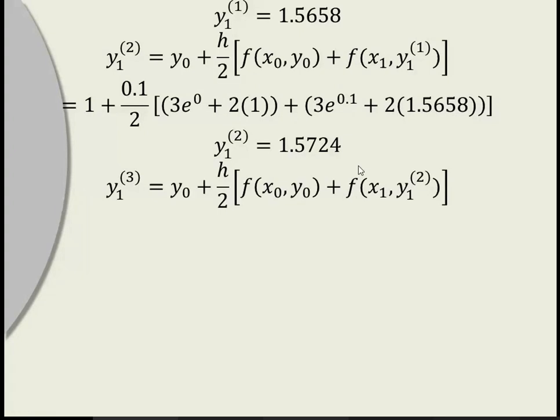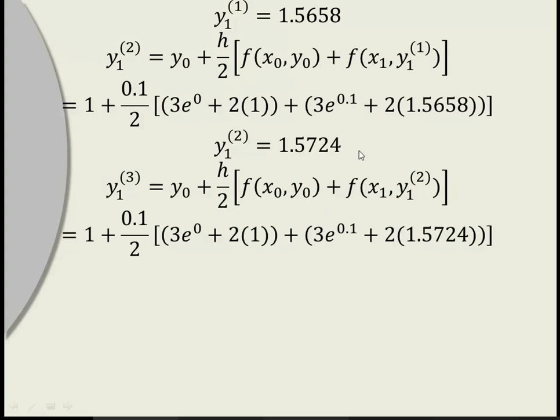For calculating the third iteration, we use this second iteration for f of x1, second iteration of y1. The first term is as it is. So keep the rest of the terms as they are. Just change y1 by this iteration and again do the calculation, just replacing this last term by 1.5724.